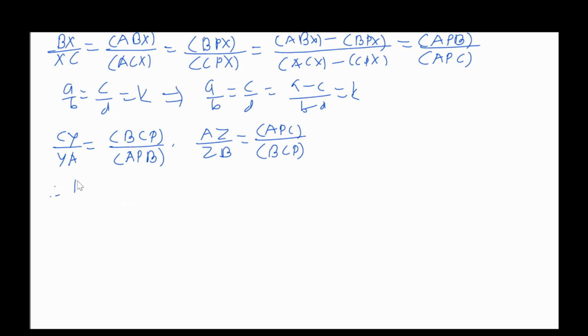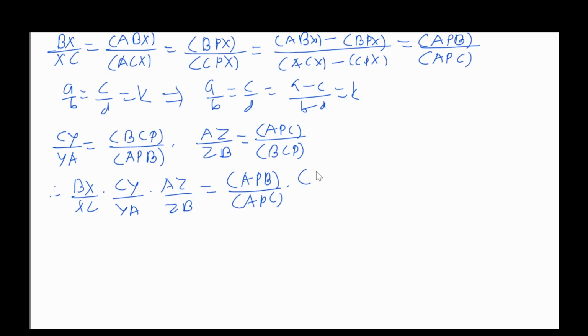Therefore, BX upon XC into CY upon YA into AZ upon ZB is equal to area APB divided by area APC into area BCP divided by area APB into area APC divided by area BCP.